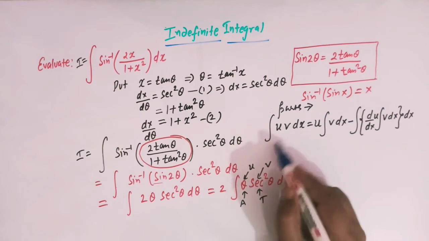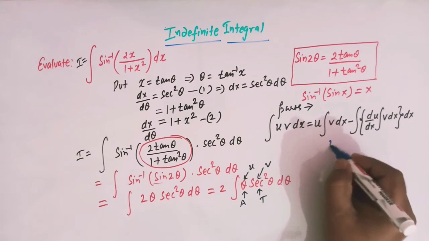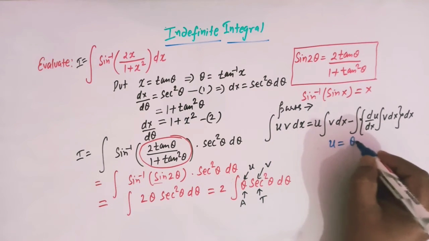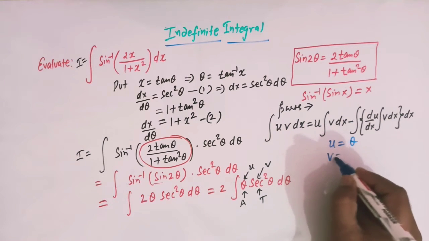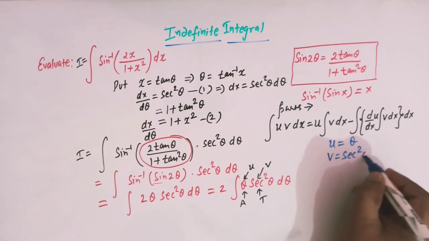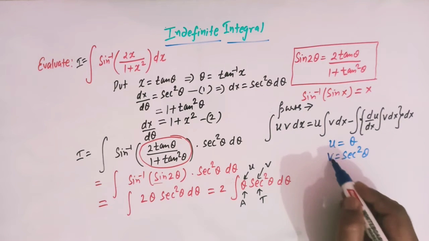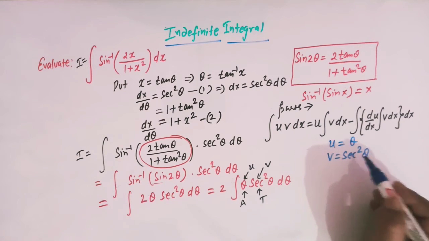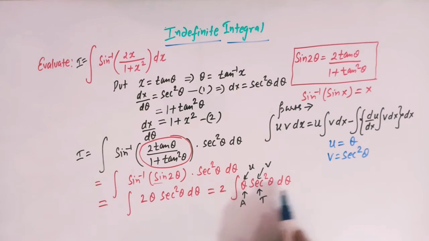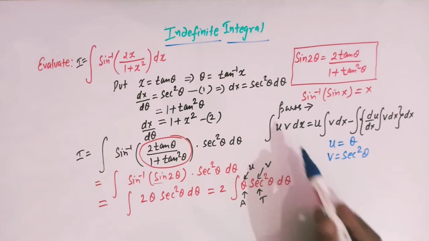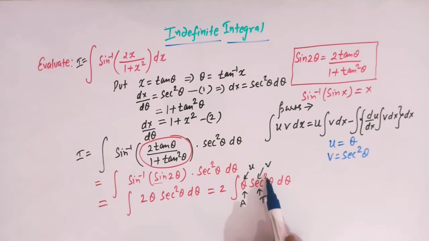So now we have u equal to theta and v equal to sec square theta. Both are functions of theta, and we have to find the integral of theta secant square theta.